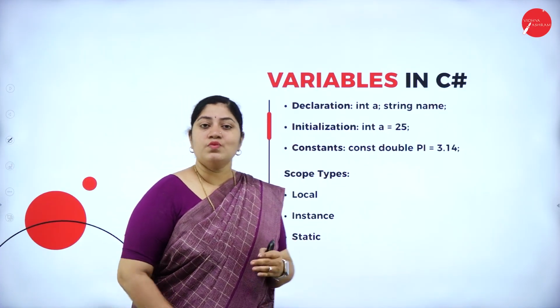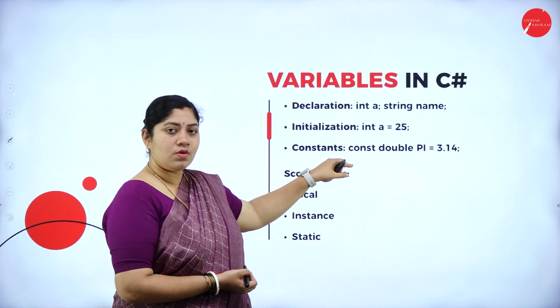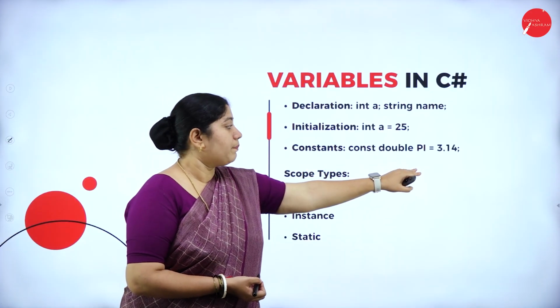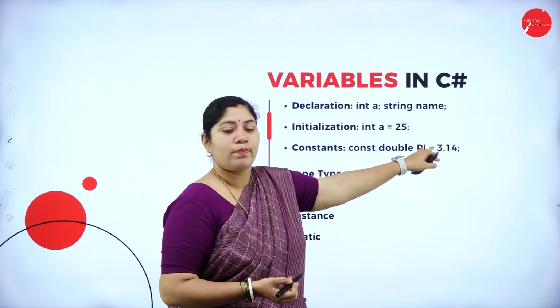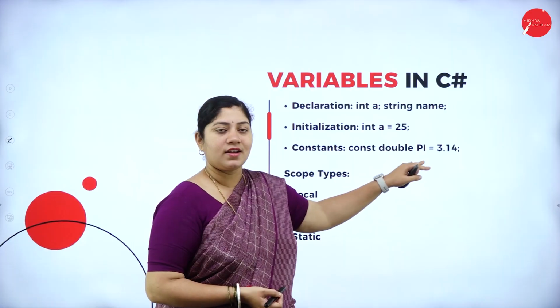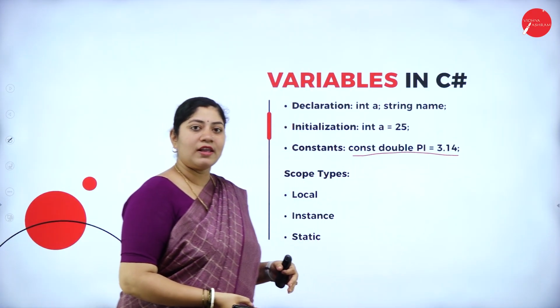If we want to work with constant values, we can use the const keyword, for example const double pi. If I have to work with a constant pi, I can declare it this way: const double pi, and directly assign the value.